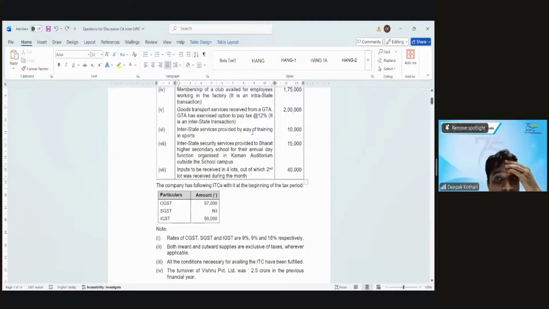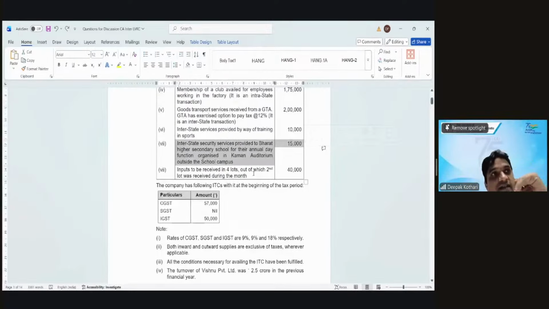Okay. Sixth one, pay tax. No ITC, pay tax. Seventh one we will see. And then if you're providing security services to a school, is it taxable or exempt?